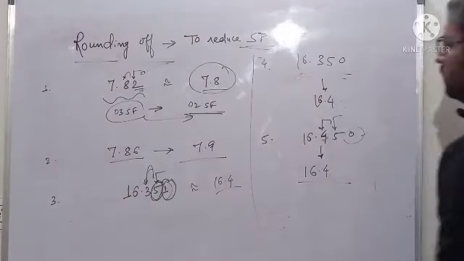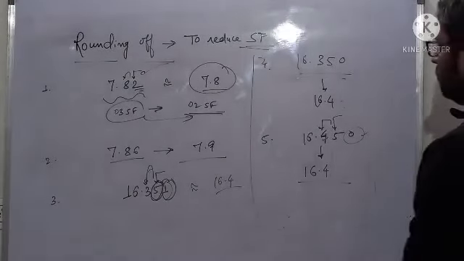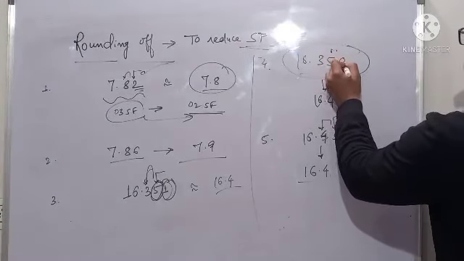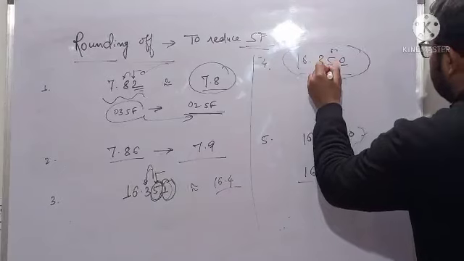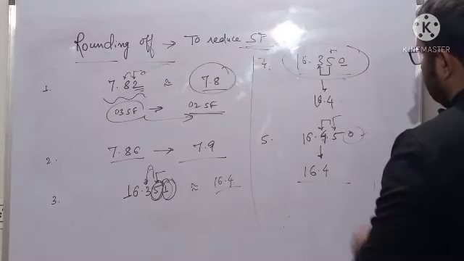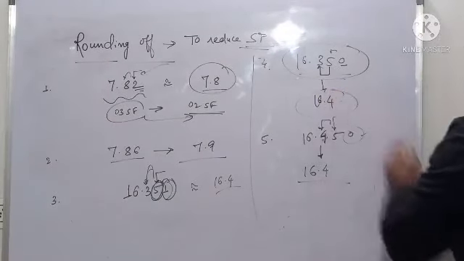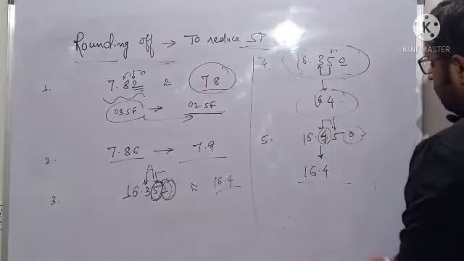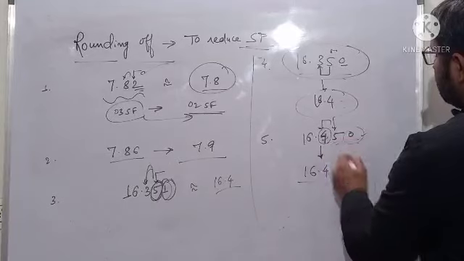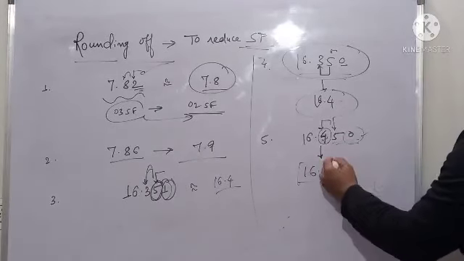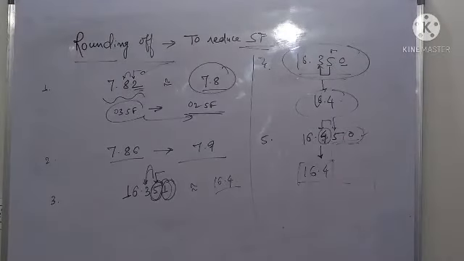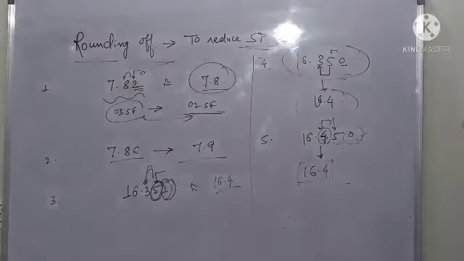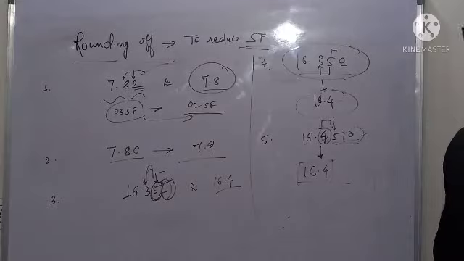This is what rule number 5 says. If the preceding digit is odd, it will be increased by 1. But if the preceding digit is even, it will remain the same. This is the rule for rounding off.